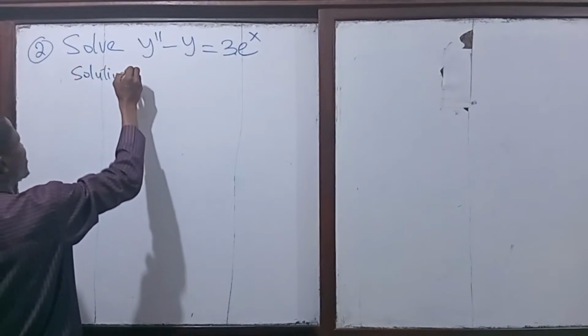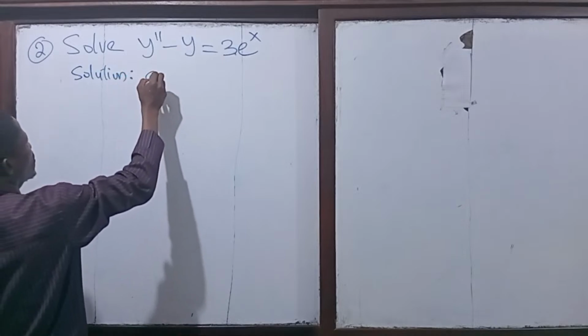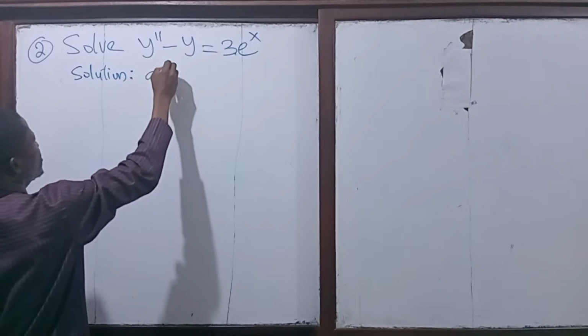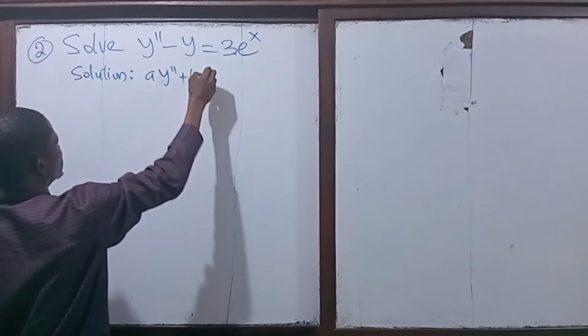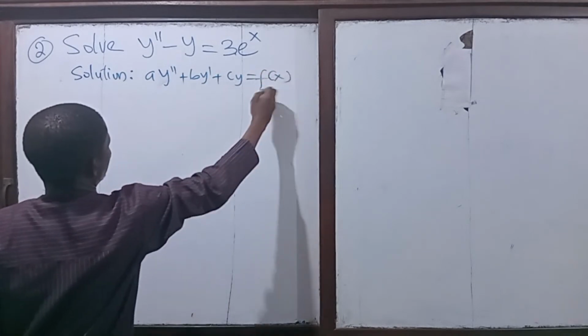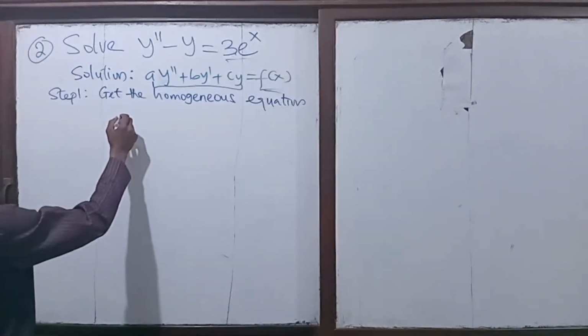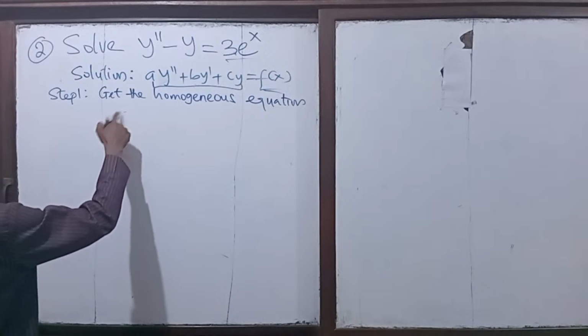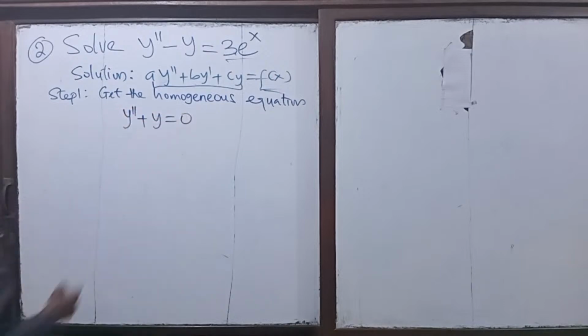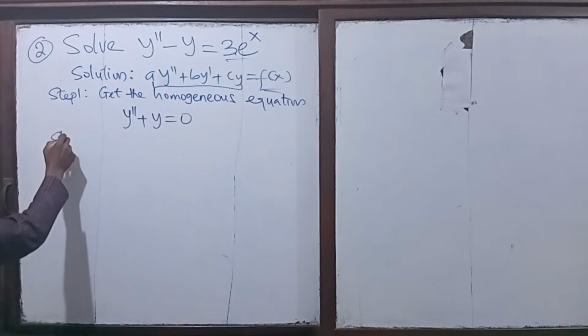This follows the standard form of this case, equal to f of x, where the f of x is this. The homogeneous part is this. That's the homogeneous part.